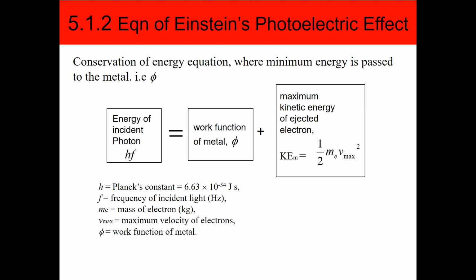And naturally, if you are pretty strong, right, you can see that hf can become hc over lambda. Work function can become hf naught, where f naught is the threshold frequency, and half m e v max squared can become stopping potential eVs.